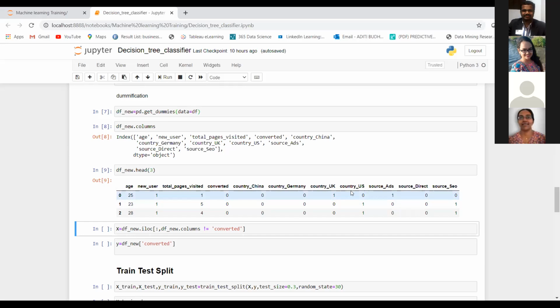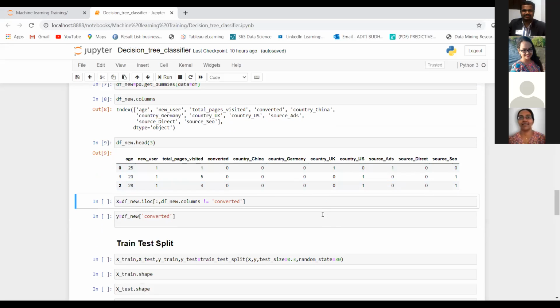Five columns for that particular country column. Since this first record had the country as UK, one is written under the column for UK, but for other columns it is zero. Similarly for the others also, it is converting our categorical or textual data into numeric data.